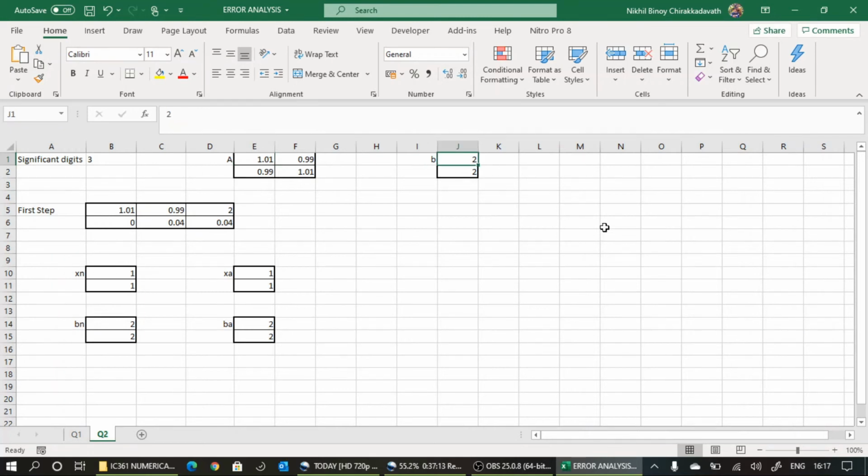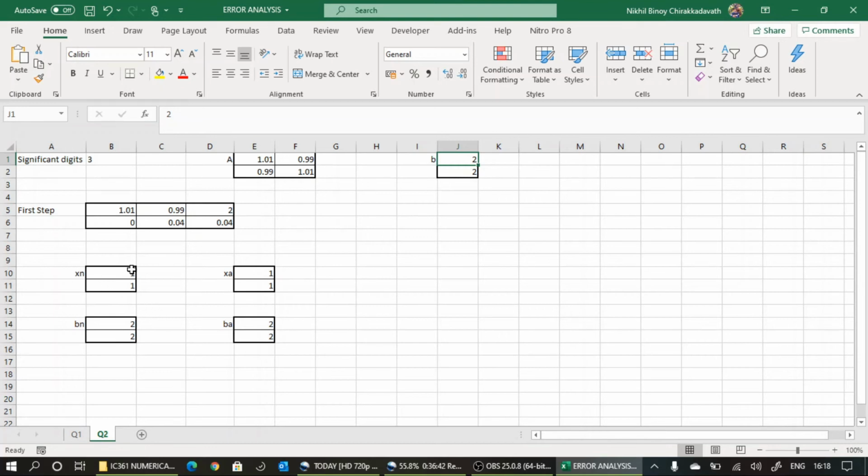So instead of 2, take a slight change, 2.01. Please note before that, with the 2, what is the solution? The actual solution is 1 1, so BA is 2 2.